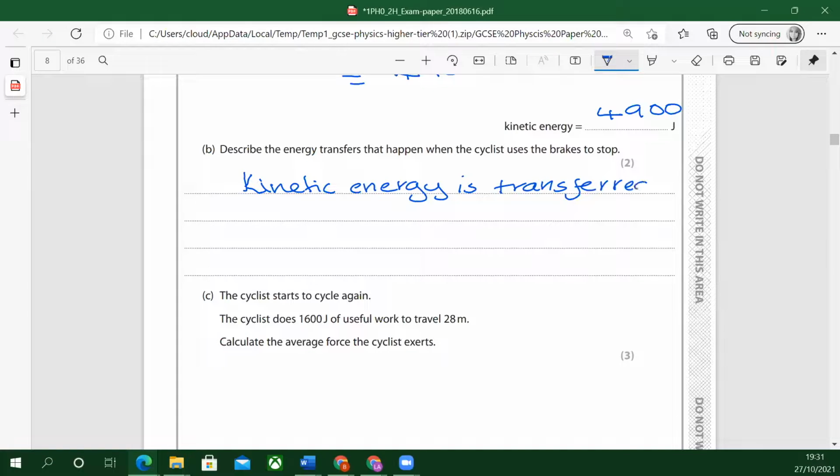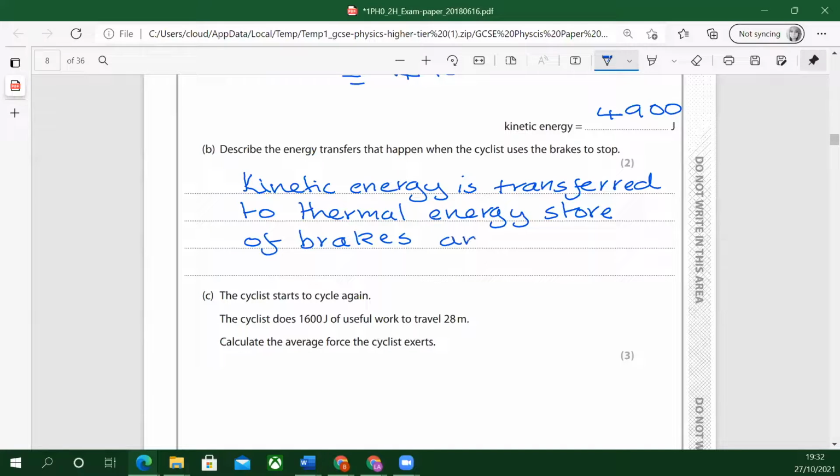If you brake really hard, you can actually burn your brakes out. Okay, to thermal energy. Thermal energy store, they call it in the syllabus. Or brakes and environment, or surroundings, we call it. Surroundings. Okay, that's all that happens there.